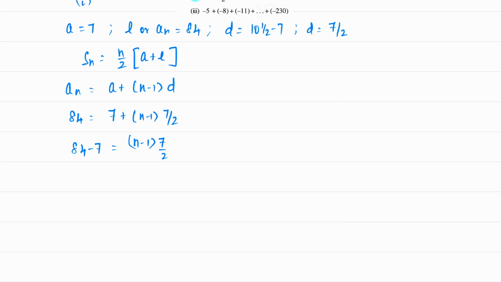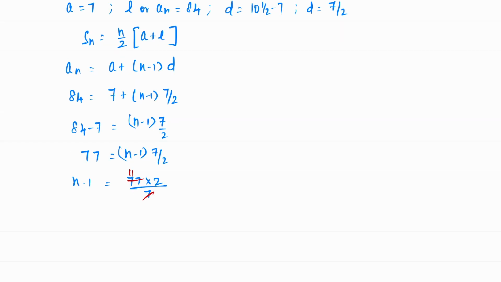So 77 equals (n minus 1) times 7 over 2, or n minus 1 equals 77 into 2 over 7, and we can cancel this, or n minus 1 equals 22, or n equals 23. So we have the value of n, which is 23.